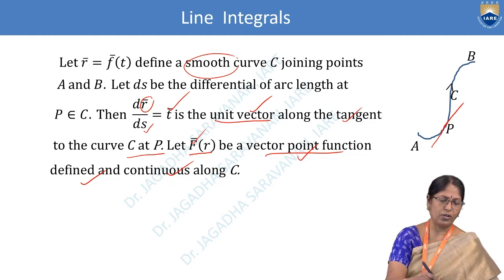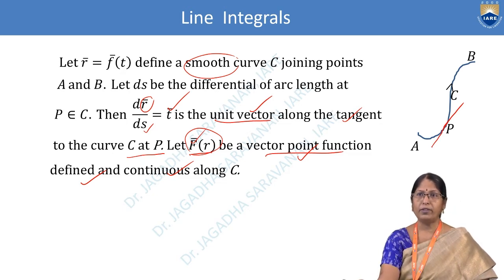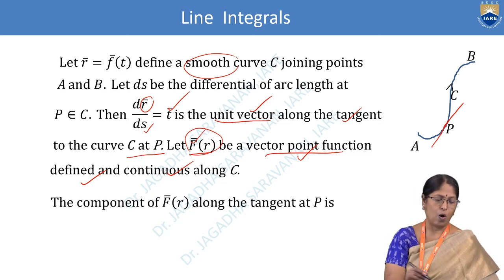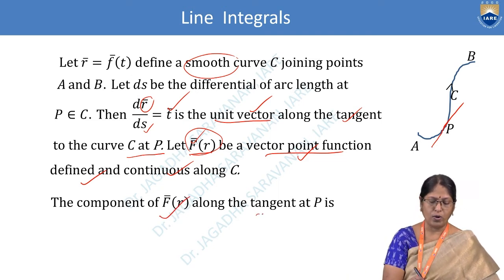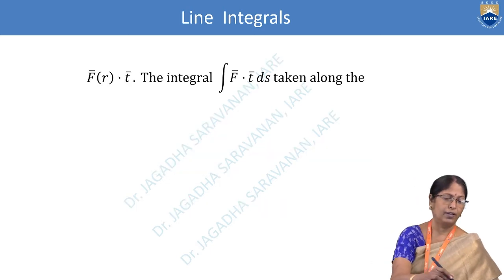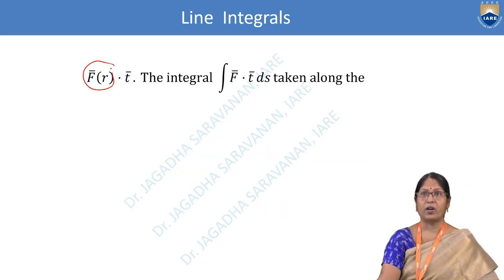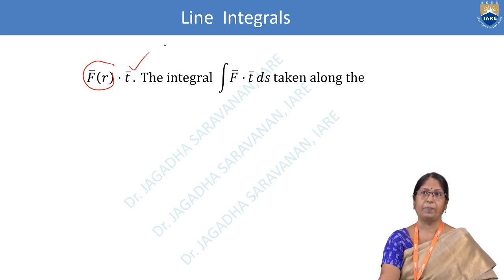Now we want the component of this vector f along the tangent at P, which is vector f dot vector t.